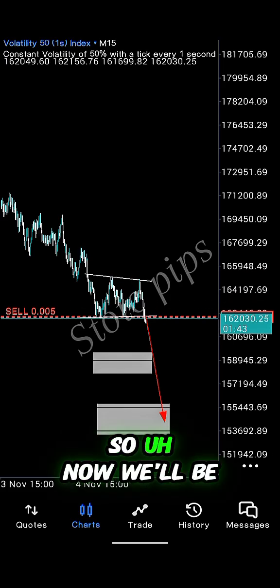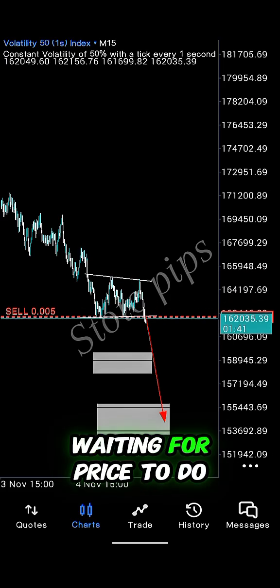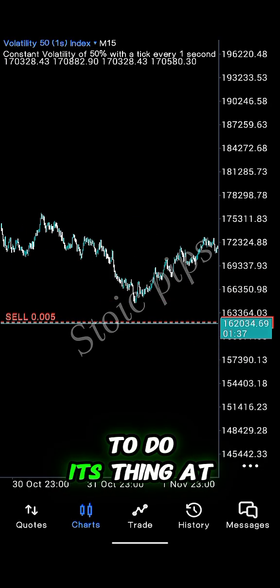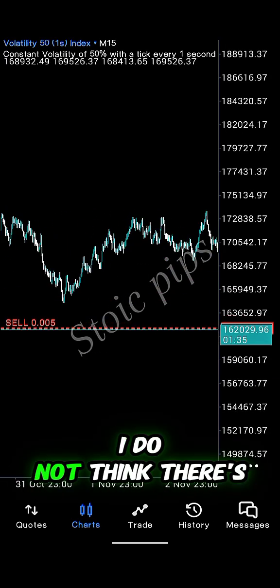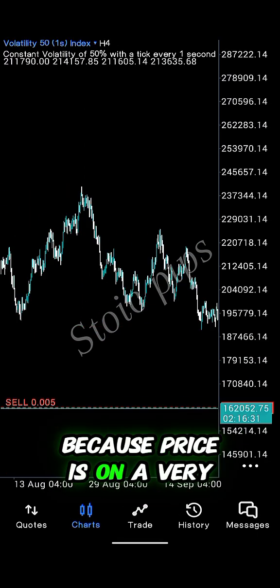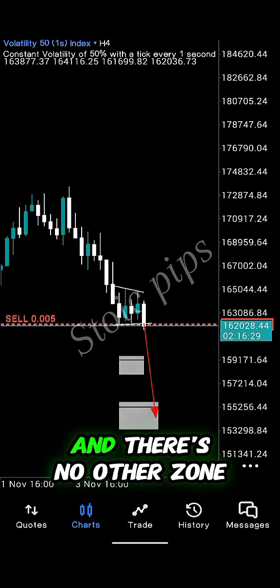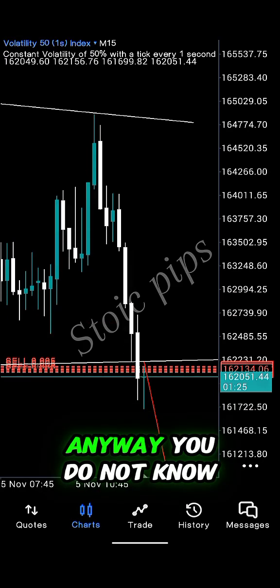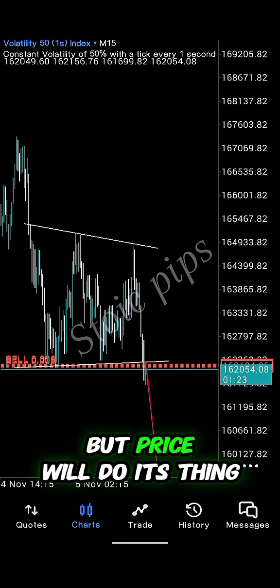So now we'll be waiting for price to do its thing at this area. I do not think there's anything that will stop price from going down, because price is on a very strong downtrend, and there's no other zone on the left side that would affect price. Anyway, you do not know, but price will do its thing.